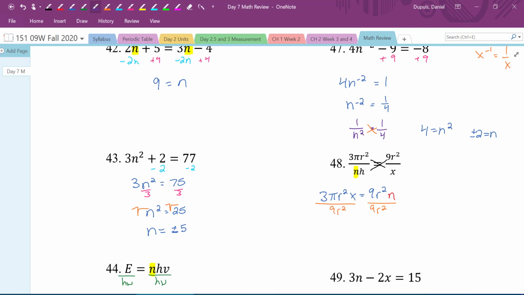And we get 3 pi r squared x over 9 r squared equals n. And now, that's fine. It does not say simplify. Could you simplify? You could. So you know, 3 over 9 is the same as 1 over 3. Pi, r squareds are gone. So basically, make this neater. I get pi x over 3.